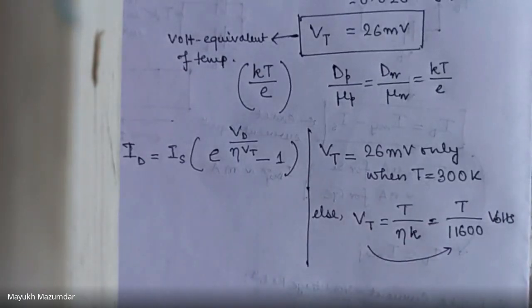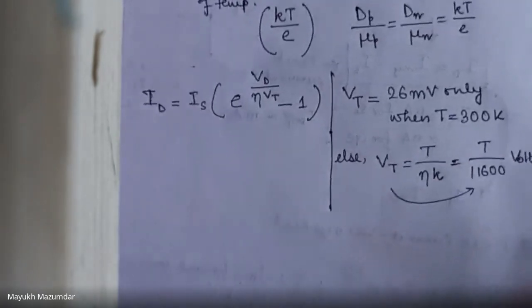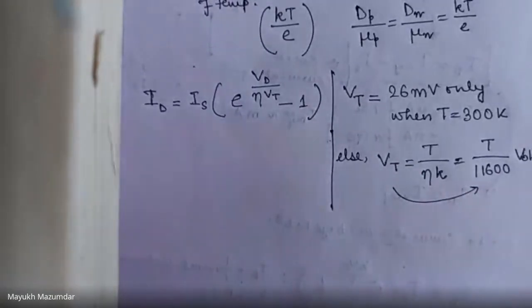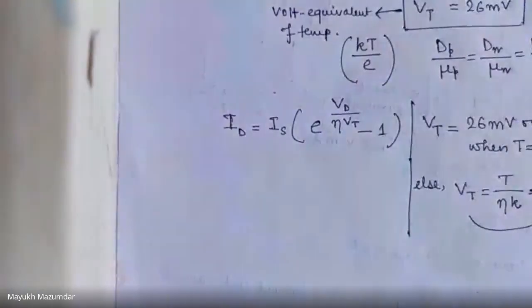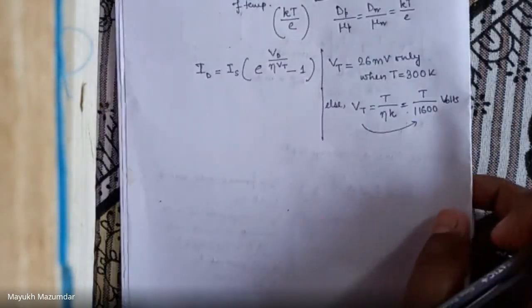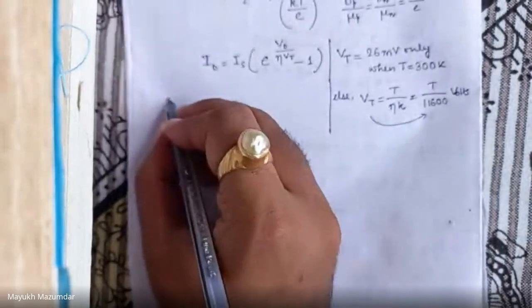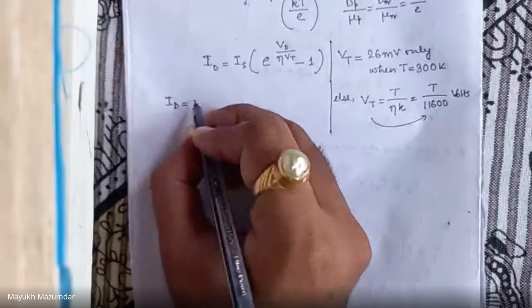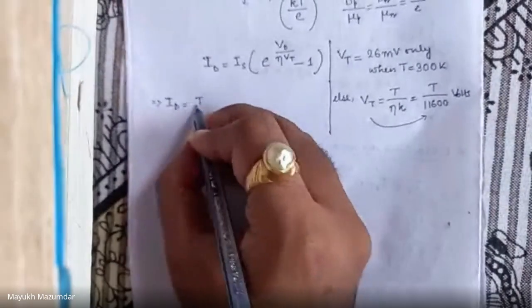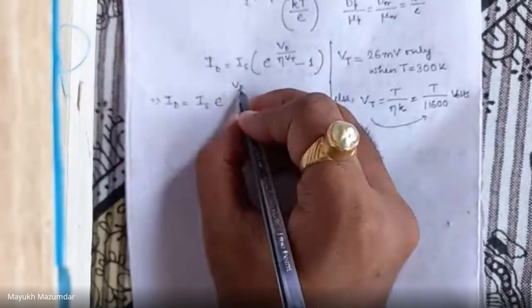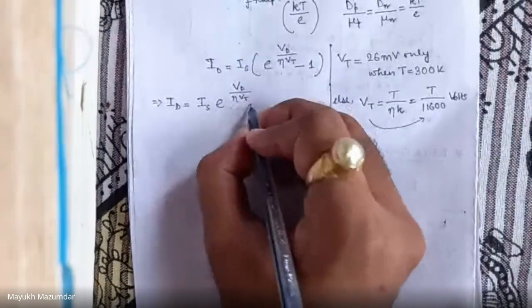Okay, so this is about the diode equation. And we would be doing an approximation very soon. Now I need to increase the altitude. This approximation is always taken: let us multiply e to the power Vd by eta Vt minus Is.